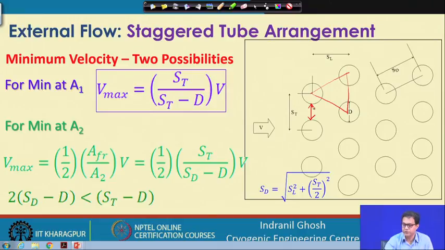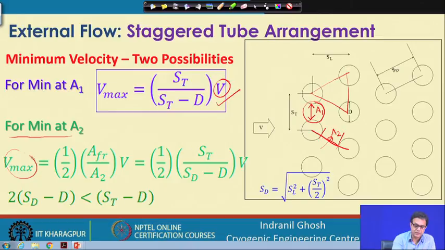The maximum velocity may occur at this location, or it may occur at this location, which is called A_2. If the area is minimum at this point, we have the maximum velocity related to the free stream velocity by this relation, and if the maximum velocity is occurring at A_2, we find that V_max is related to the free stream velocity by this relation.